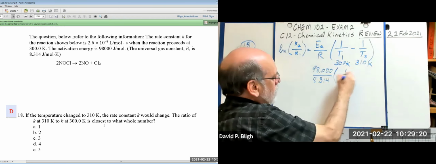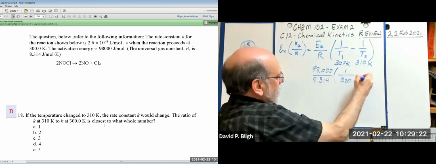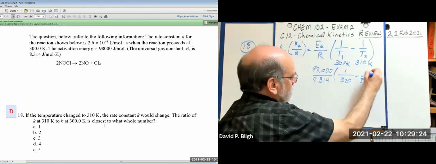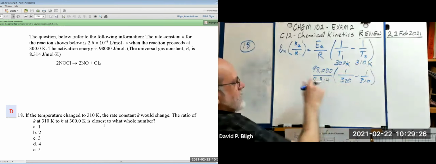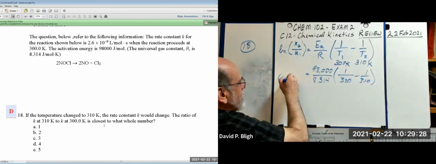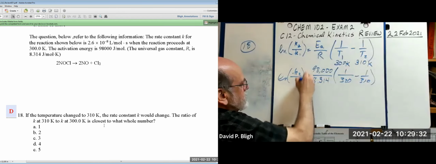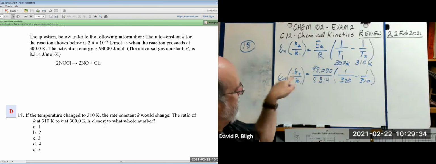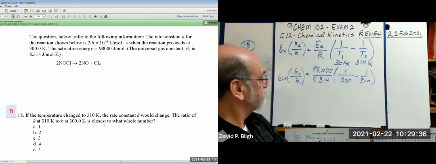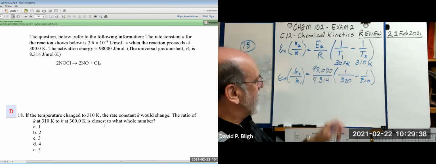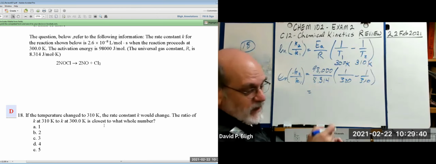And then this would be 1 over 300 minus 1 over 310. Right? So that's that side of the equation. This side of the equation is just as it is. We want to solve for that. So we resolve this side, gives us a number.